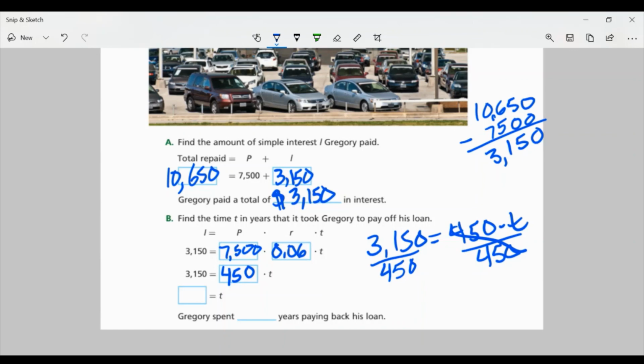These will cancel. So the amount of years, the time, when I divide these two numbers, 3,150 divided by 450, would give me 7. So that means Gregory spent 7 years paying back his loan.